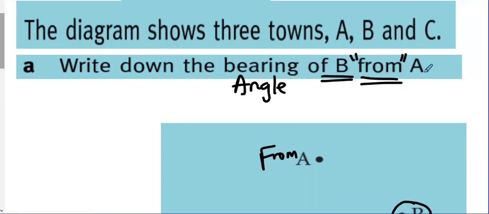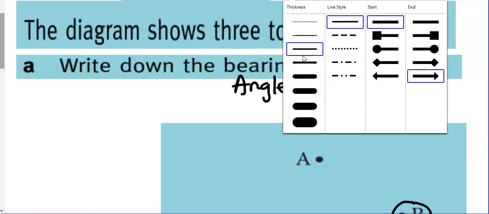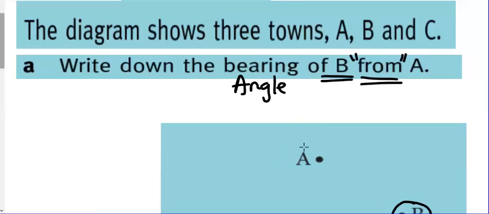What does the word from imply? It means the point containing the word from is the one on which we draw the so-called north direction.